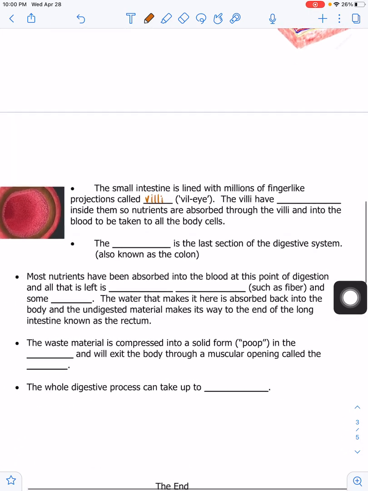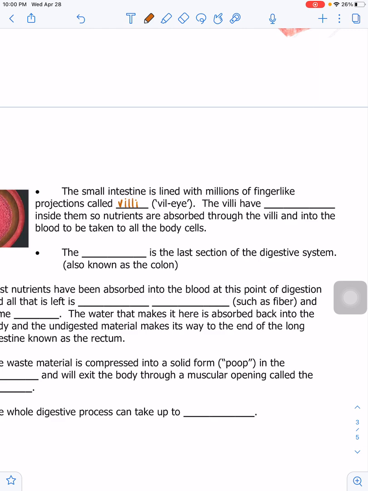The villi have capillaries inside of them. We talked about them in the last body system, the circulatory system: they're our tiniest blood vessels, and their walls are very, very thin because wherever they're located, something is typically going to be absorbed through them. That's how things enter the blood and get out of the blood.